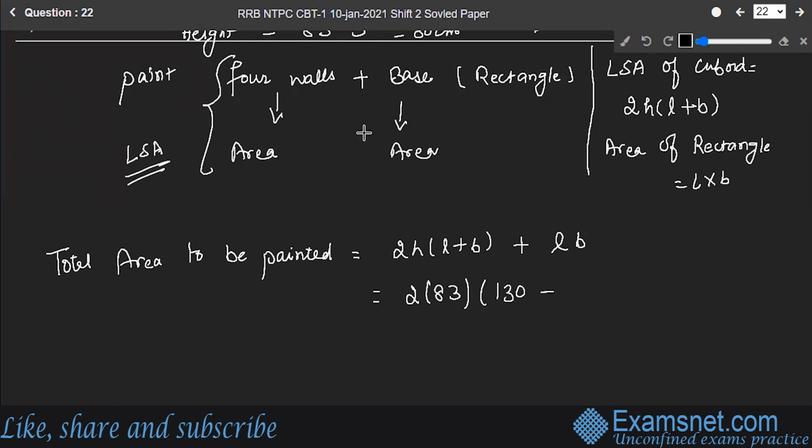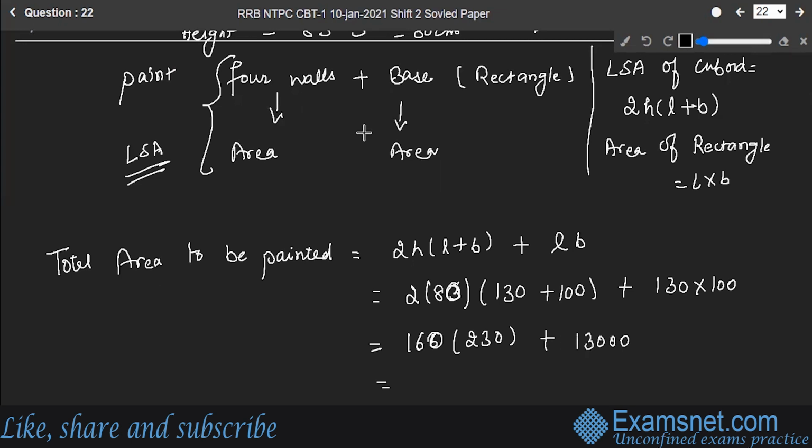Length 130, breadth was 100, plus 130 into 100, which is equal to 160 into 230 plus 13,000.